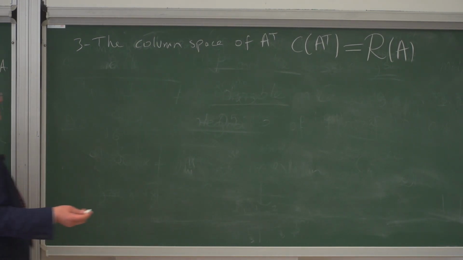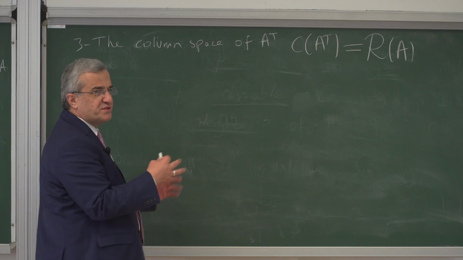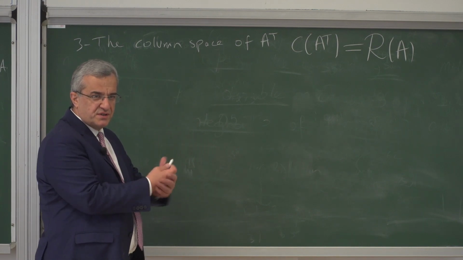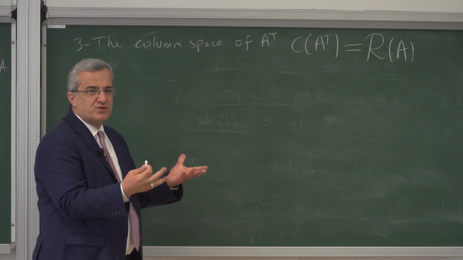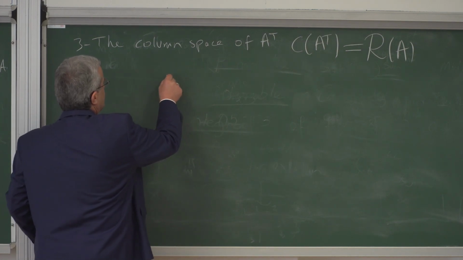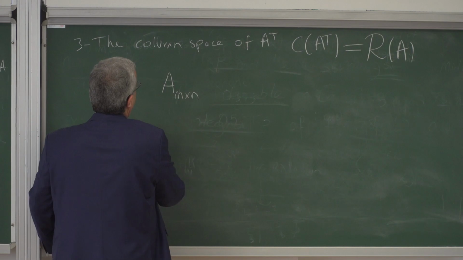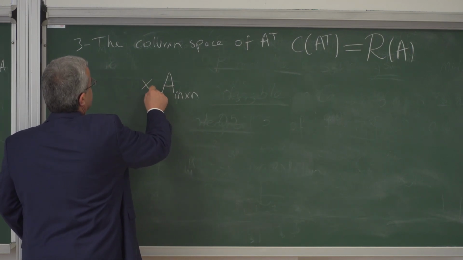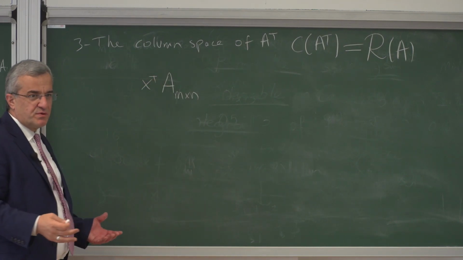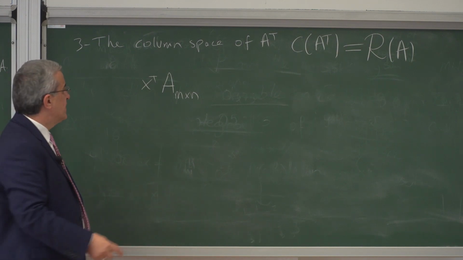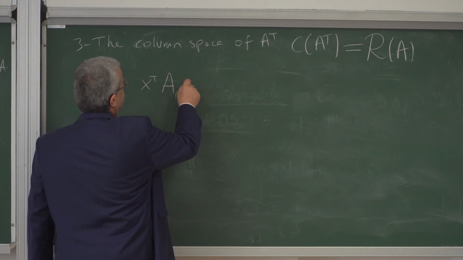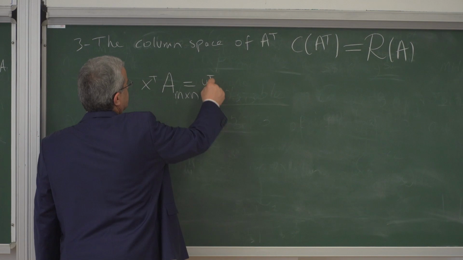It's easier to understand if you first look at it as the row space of A. You have A, m by n. You multiply this with x transpose, you obtain a y transpose, okay?